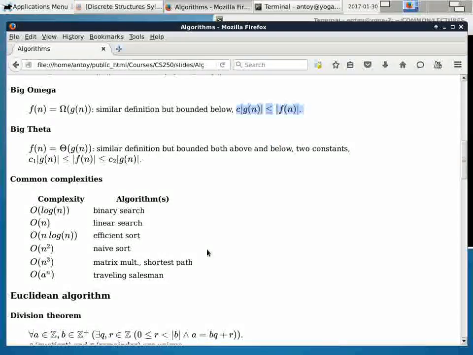So binary search. If you have an array and this array is sorted, and you want to see whether a certain value is there, what is the complexity? Log of n. Log of n grows very, very, very, very slow. So you are incredibly happy with this algorithm.